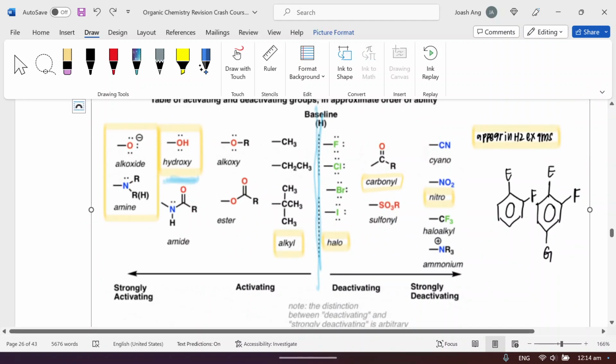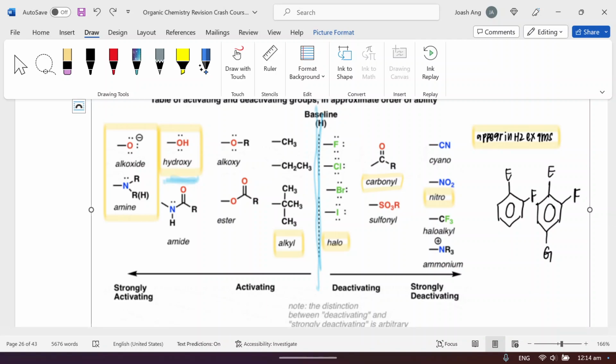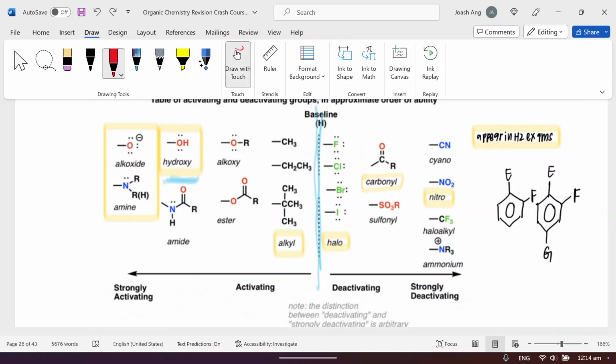Okay, because you can see for amides and esters, the lone pair, you can imagine this is your benzene ring, right? This lone pair can either go here or go here and go up here because you can see this benzene ring can act as an electron withdrawing group. This C double bond O can also act as an electron withdrawing group.